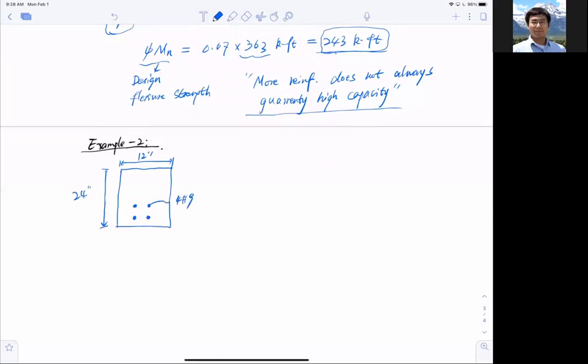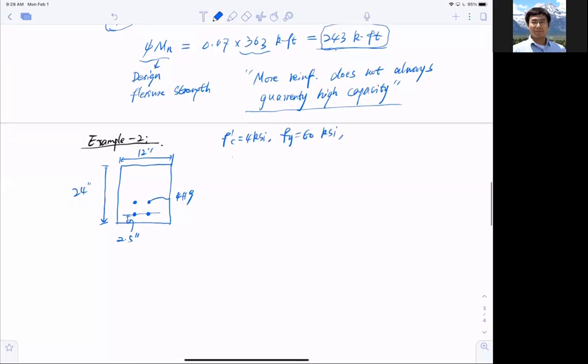And the cover at the bottom row here is 2.5 inch. The concrete is 4 KSI concrete, as before, and the yield strength of the bar is 60 KSI. And now the question is, what is my Mn, and what is my phi?